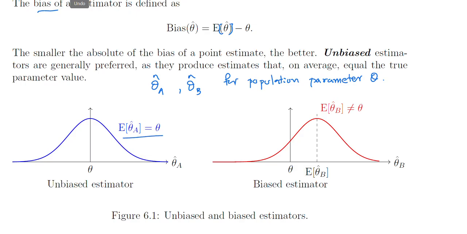You can see that the expected value of theta A hat is equal to theta. However, in the case of theta B hat, its mean value is not equal to theta itself. So we have a bias. This distance is the bias of theta B hat. This is a biased estimator. So what we prefer is an unbiased estimator.